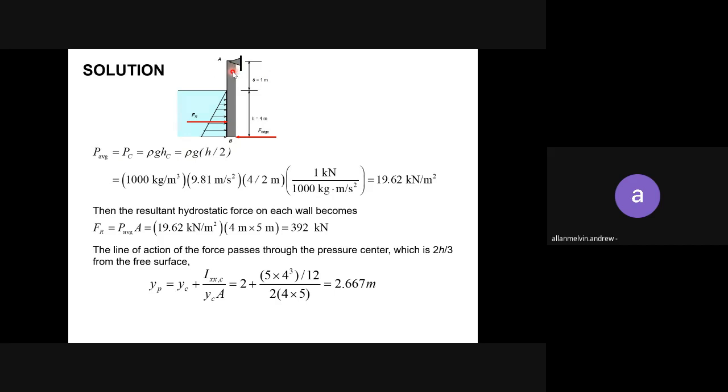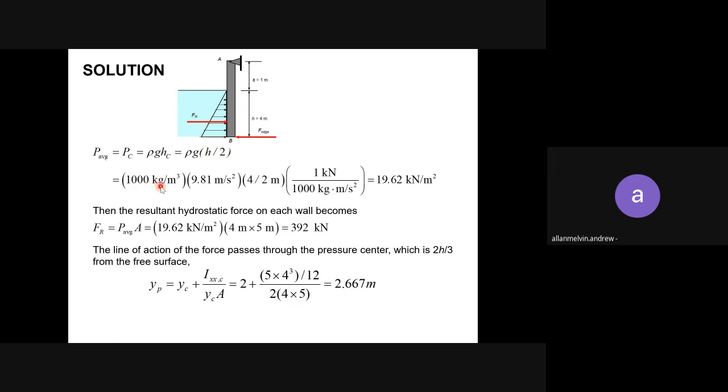The plate is a rectangular plate, and the plate length is 5 meter, but you only take into consideration the part covered by the water. So the air part, don't take. That's why here you only take H, so you are not taking S plus H. You only take H over 2. And then you replace the value.